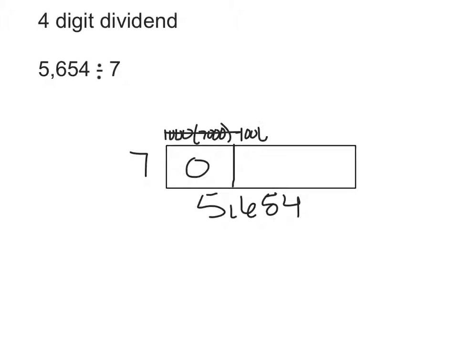100 times 7 would be 700. 200 times 7 would be 1,400.